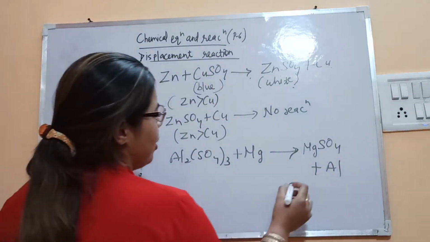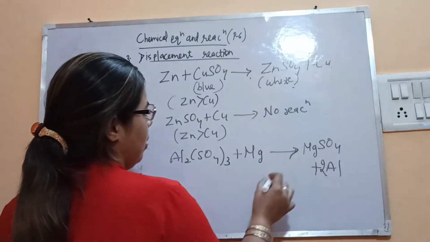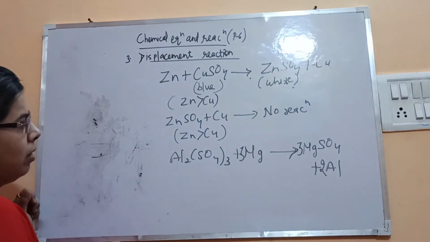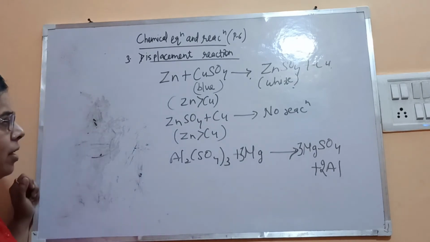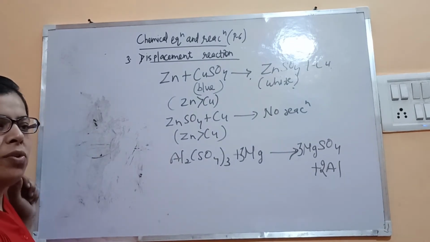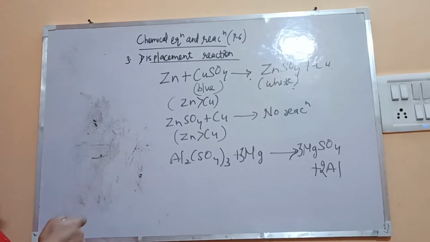You can balance the reaction here: 2Al. Four 3s are 12, four 3s are 12. Now it's balanced. So this is the reaction. And in all types of chemical reactions, you are supposed to write the balanced chemical equation. So these are the particular combinations.